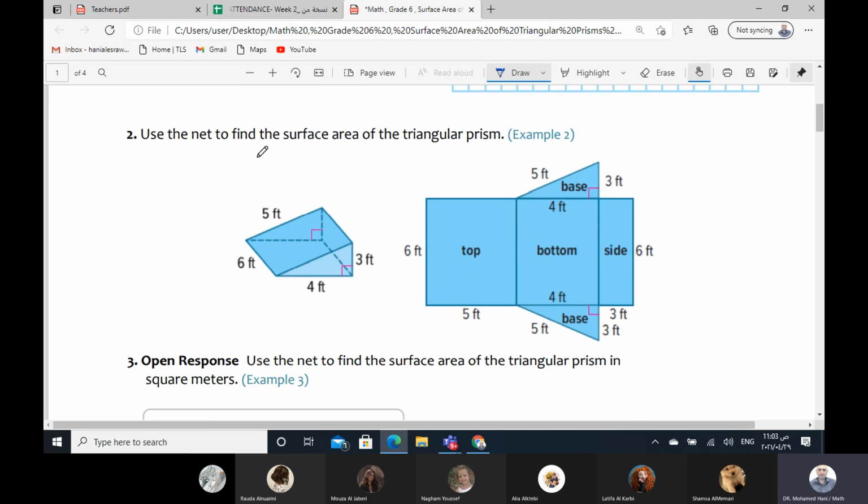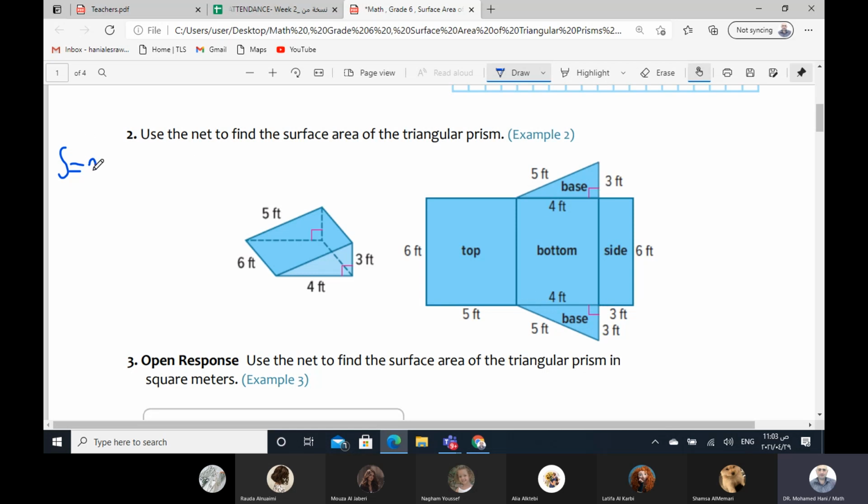Use the net to find the surface area of the triangular prism. We have here the triangular prism and here we have the net. And we want to find the surface area. Start from the base. We have two congruent bases, each one a triangle.